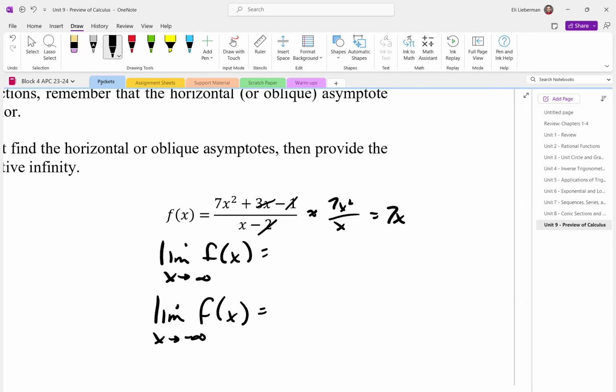So all we know now, we have enough. As x approaches infinity, this function is going to approach infinity. The top is basically 7x bigger than the bottom.